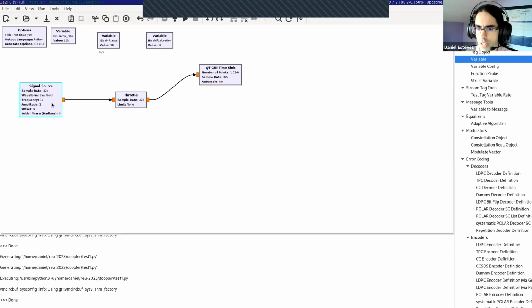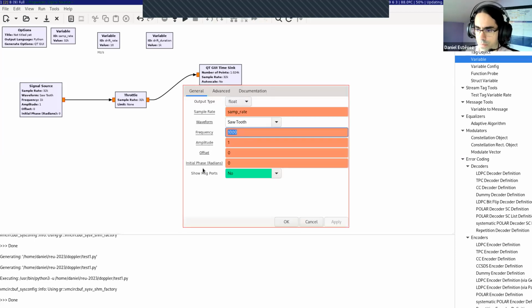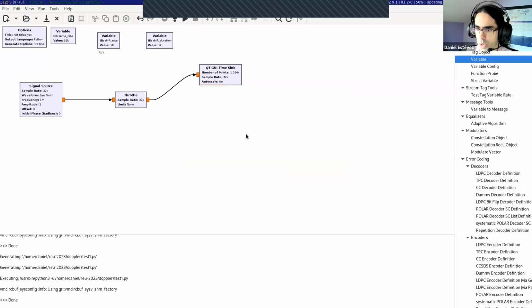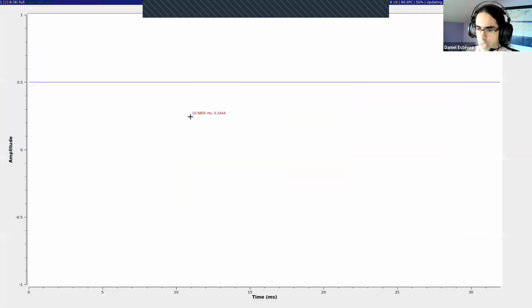So how to do this? The drift duration is very easy to apply. So the frequency is 1 over the period. If I want the period to be 1000 seconds, then the frequency should be 1 divided by drift duration. So this is 0.001 hertz, basically, or 1000 seconds period. This means that the sawtooth wave will take very long to increase. And in fact, we can see this right now.